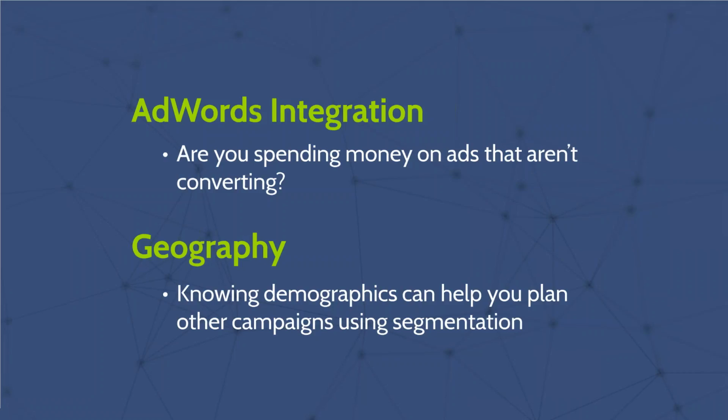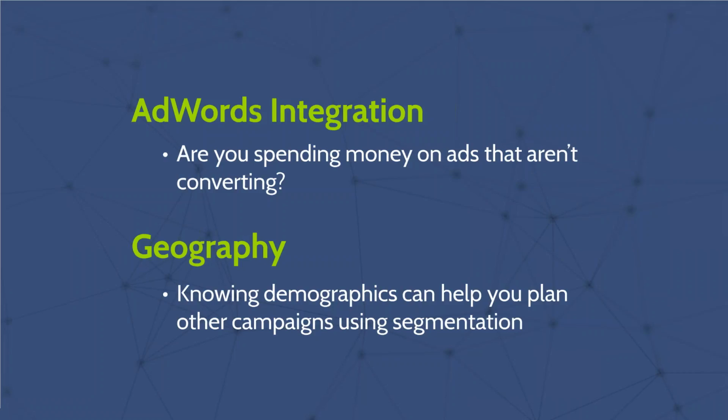You want to be either reallocating those resources and putting that money towards that one AdWords campaign that is converting, or you want to reallocate some of that budget to bolstering your search engine optimization, to sending out more email campaigns and some of those other sources that are doing well. But regardless, you want to have AdWords and analytics integrated so that you can have those conversion numbers.